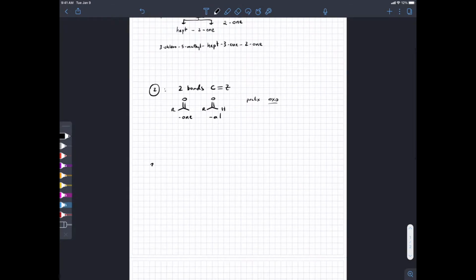So group 3 is one bond between carbon and a heteroatom. That would include alcohols and alkyl halides. Depending on the molecule, the suffix for the alcohol is -ol. The prefix is hydroxy.